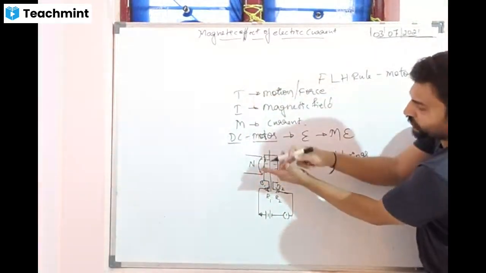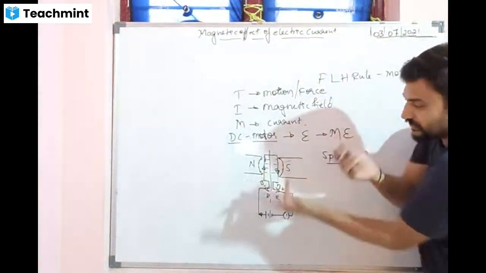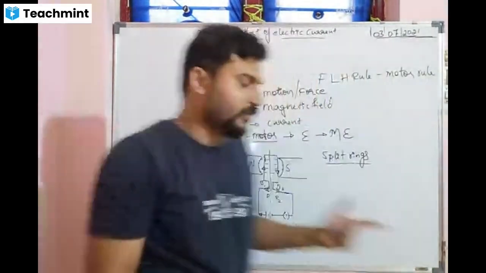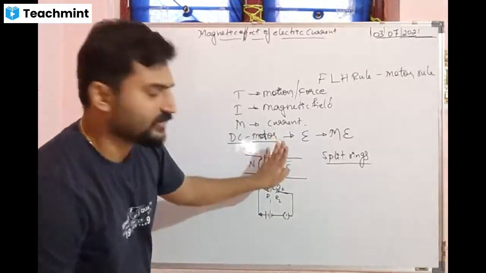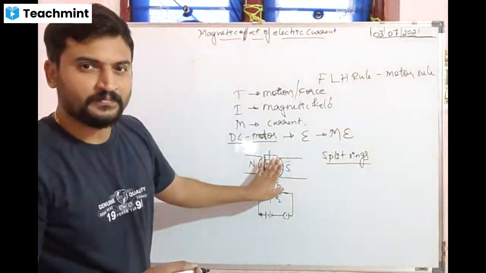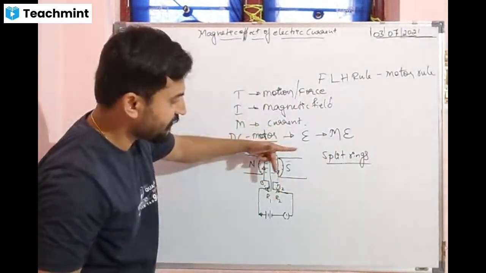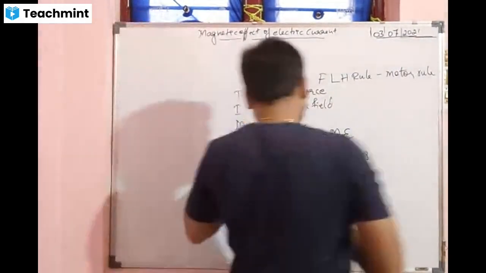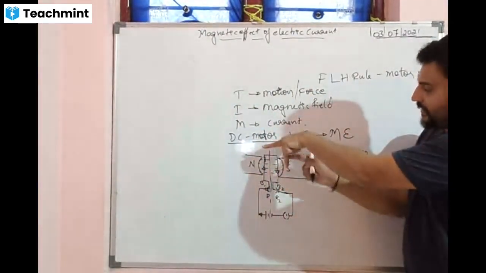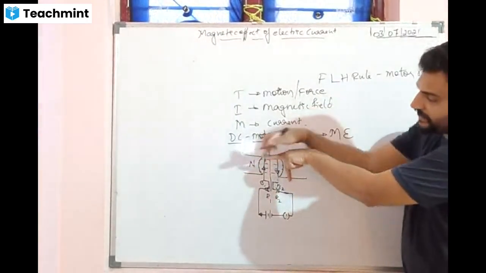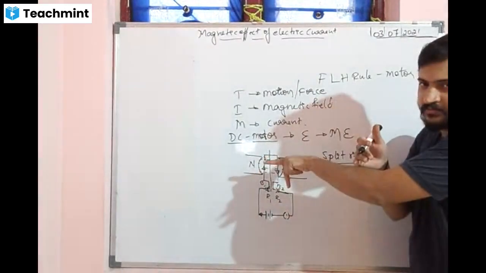Where is the force? Force is coming out. So what happens? It pushes it up. Then it changes by 90 degrees. When it comes here, I will hold it like this. See, this is the current flowing, and this is the magnetic field. Which side is the force going, inside or outside?